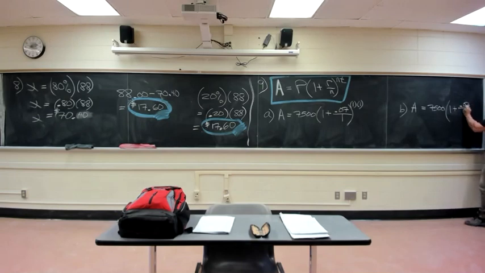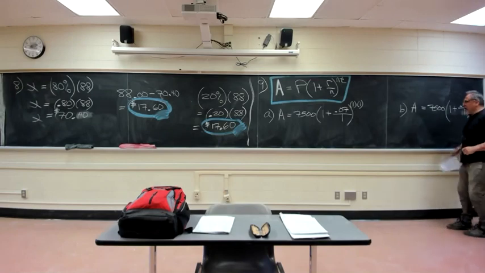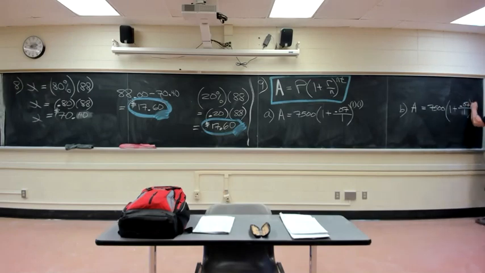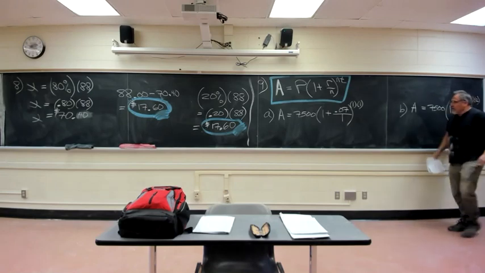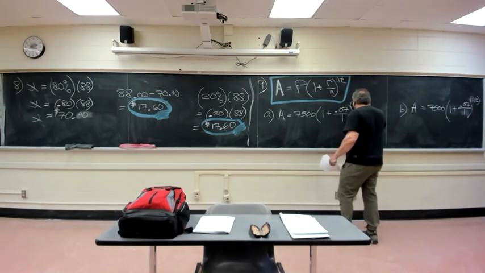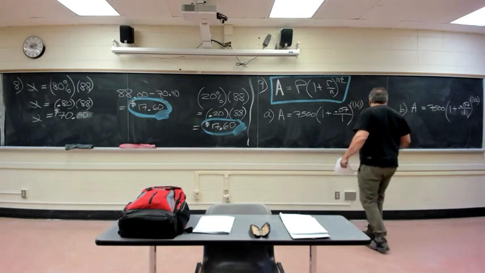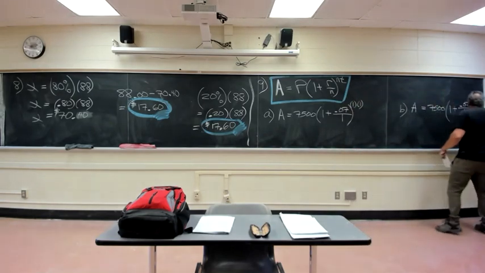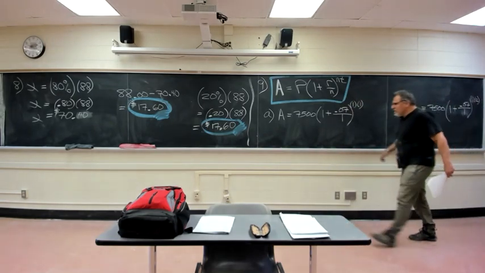Number of compoundings per year is 1, for 2 years. So 1 times 1 is 1 power, and 1 times 2 is going to be to the 2 power.